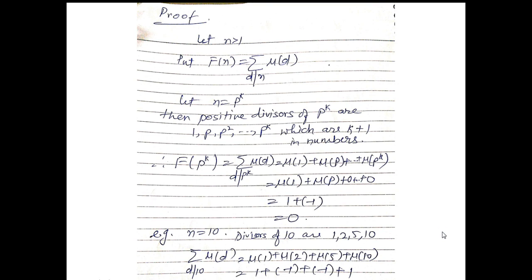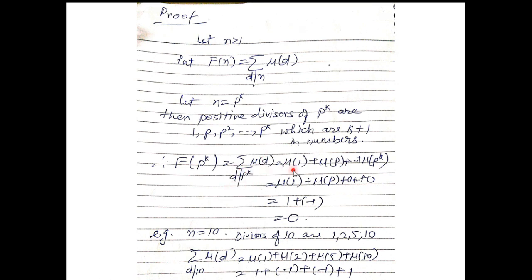Let us take n greater than 1 and we put F(n) equal to the summation of mu(d), d divides n. Let n be equal to p to the power k. Then the positive divisors of p to the power k are 1, p, p square, up to p to the power k, which are k plus 1 in number. So F(p^k) is equal to the summation of mu(d), d divides p^k.